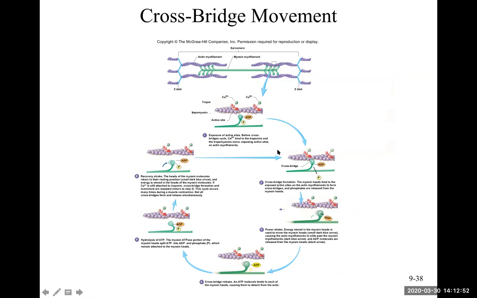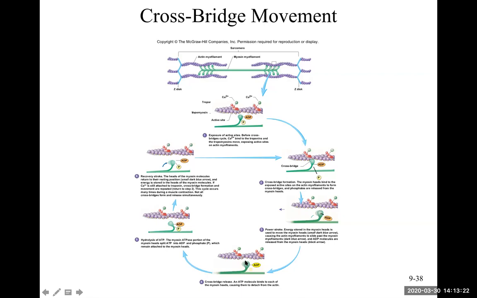You'll notice that there's no more ATP already. Why? Because before it has a chance, it's already cocked its head before the myosin and actin even interact. As soon as you have one cycle of contraction, the myosin head receives a new ATP. It's going to cock the head right here for the next cycle.